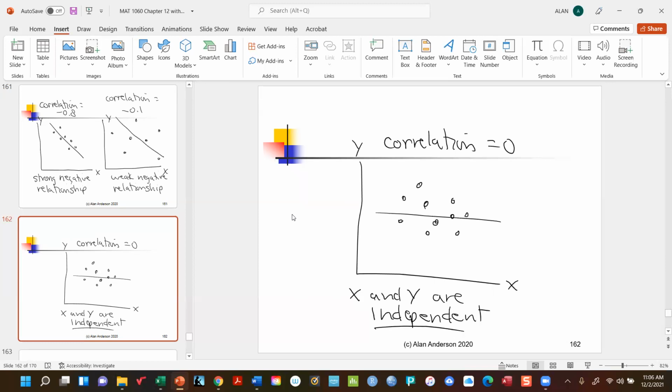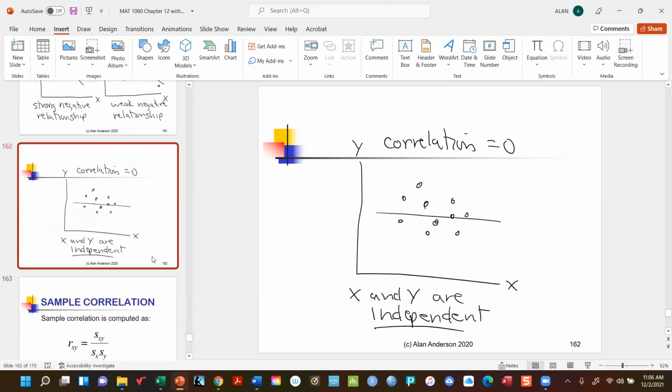All right, now I want to show you two more special cases though, just so you can see what they look like. So this is the zero case. They're just not related to each other in any meaningful way.